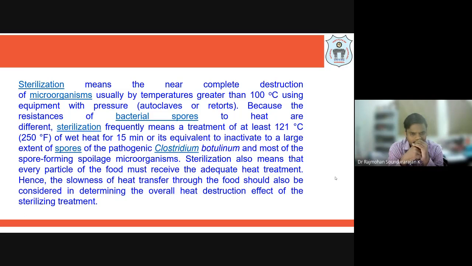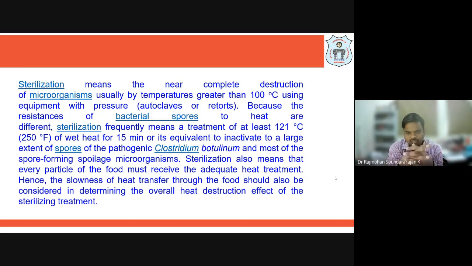So we call that equipment autoclaves or retorts. Because the resistance of the bacterial spores to the heat varies with different bacteria, the sterilization frequency means a treatment of at least 120 degrees Celsius of wet heat for at least 15 minutes or its equivalent, to inactivate to a large extent, of course, the pathogenic Clostridium botulinum and most of the spore forming spoilage microorganisms.